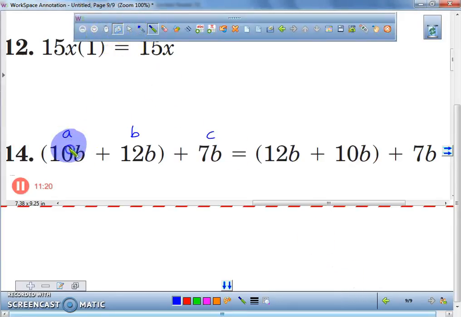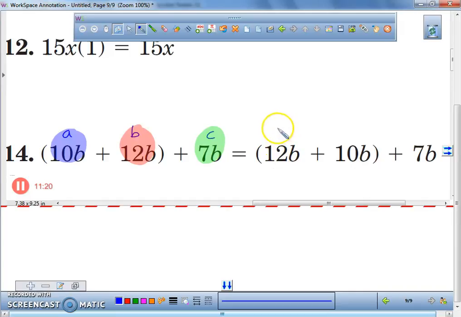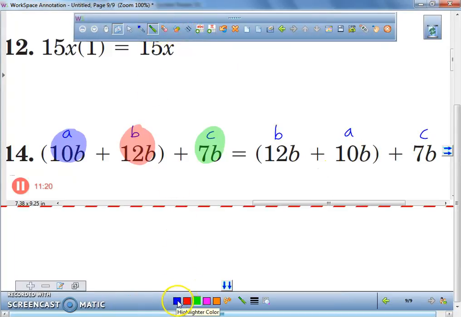That's my A, that's my B, that's my C. All right. Now, what am I going to label 12B? B. What am I going to label 10B? A. What am I going to label 7B? C.